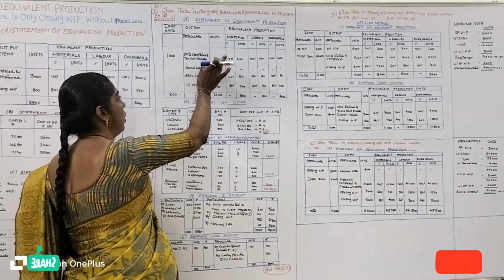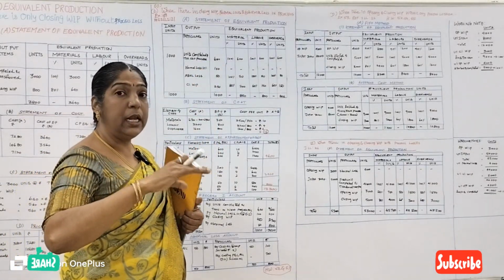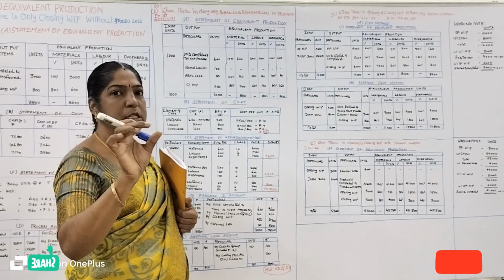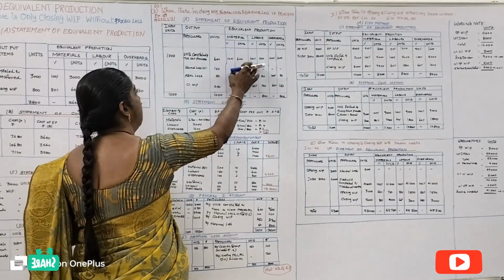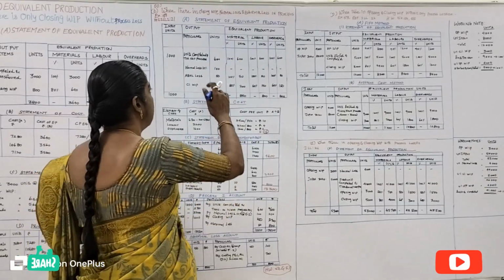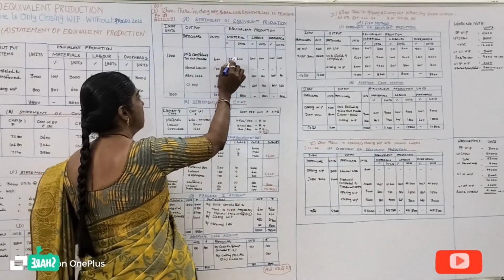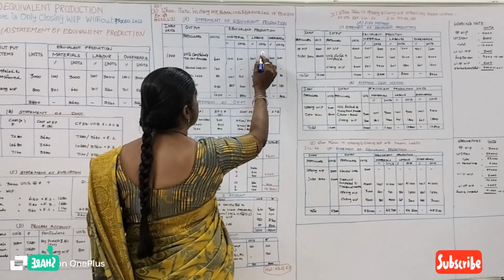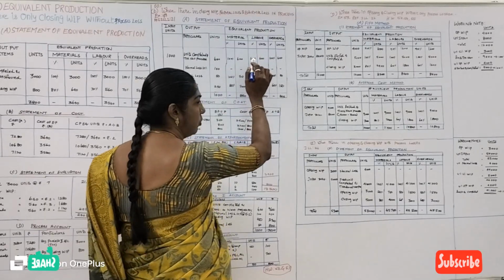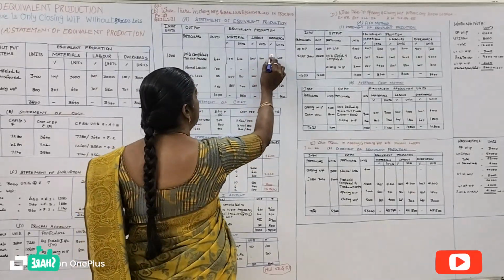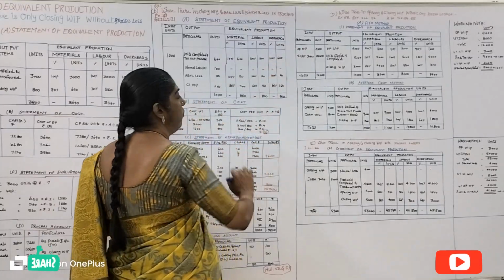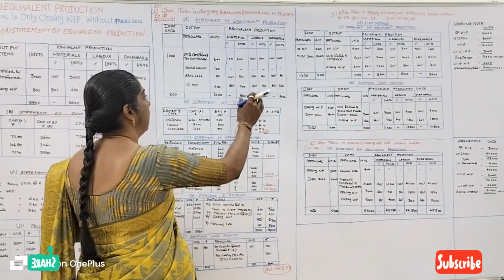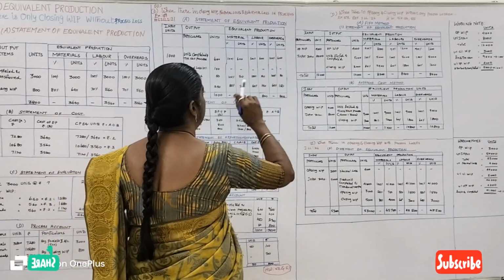If the 600 units output is completed, the degree of completion is 100% in material, labor, and overhead. So for output 600 units, enter material 100%, 600 units, labor 100% work done, 600 units, and overheads 100% completed, work done for 600 units.